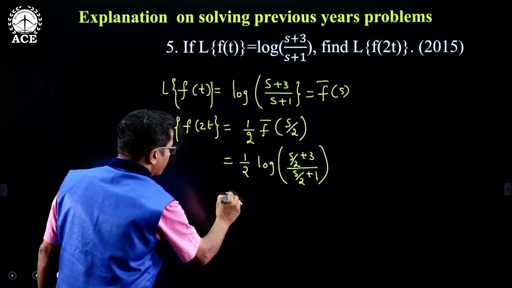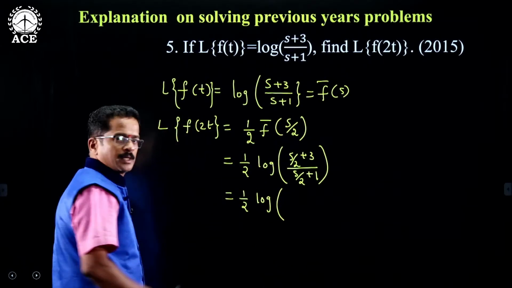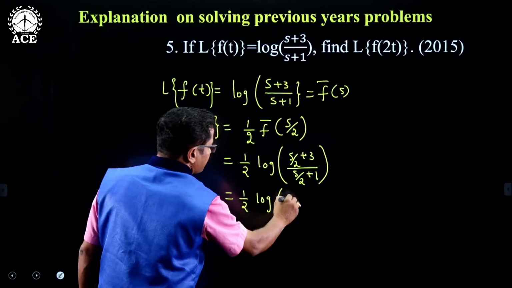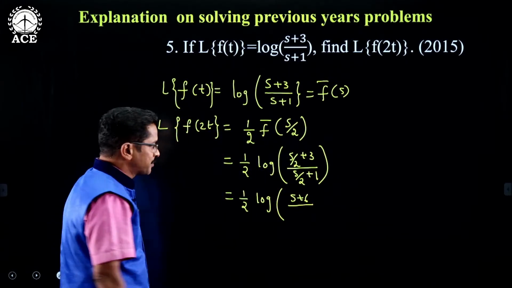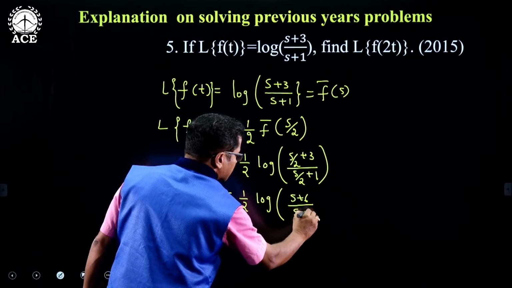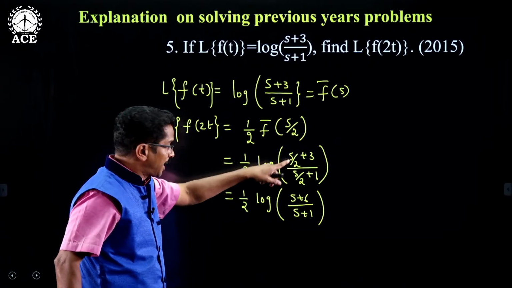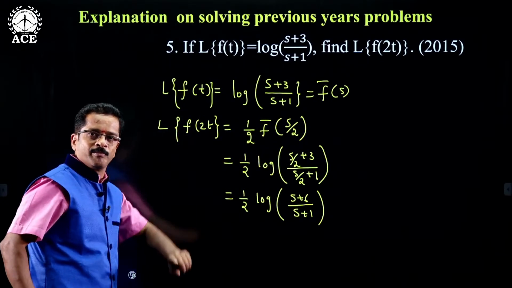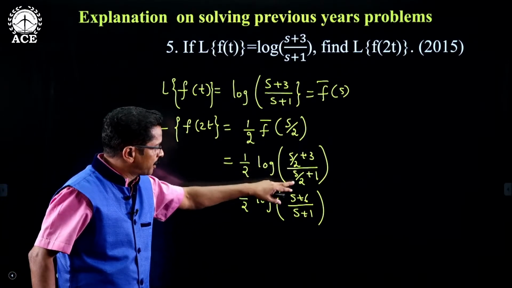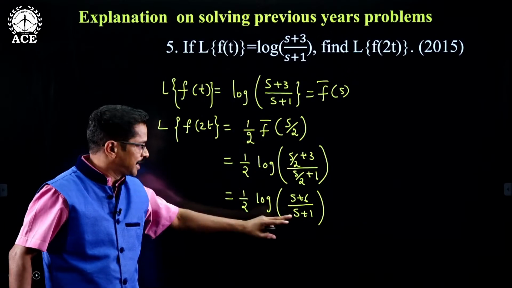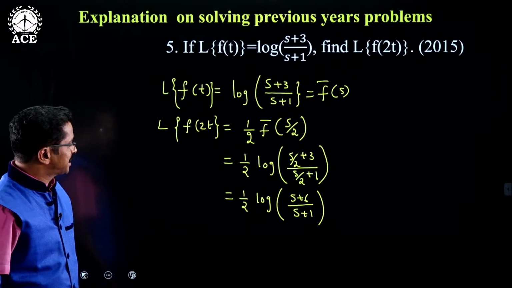So this equals 1 by 2 into log of s by 2 plus 3 becomes s plus 6, and s by 2 plus 1 becomes s plus 2, as numerator and denominator. The denominator of the numerator is 2 and the denominator of the denominator is also 2, both get cancelled and this simplifies to 1 by 2 into log of s plus 6 by s plus 2.